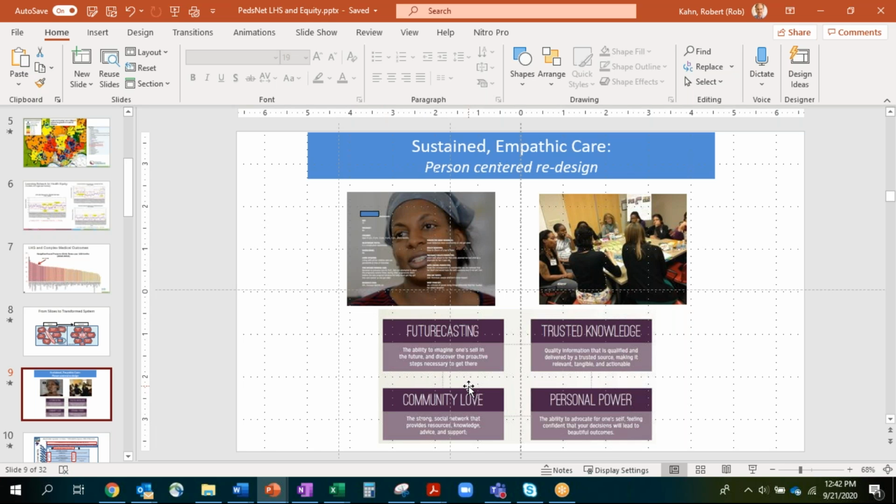I just throw this up as an example. They came out with 4 key themes that should infuse the whole system. It's not about these in particular, but the idea that by listening carefully, we could get some guiding principles for how we should be thinking about a system built differently. Future casting is the ability to look into the future and make decisions now based on the future. Trusted knowledge: I remember the moments where someone said, "Oh, I love Dr. Elizabeth.